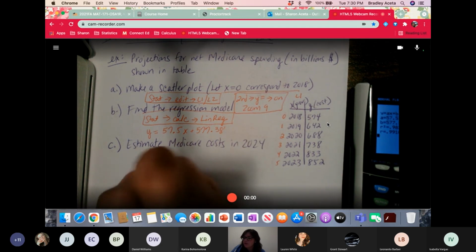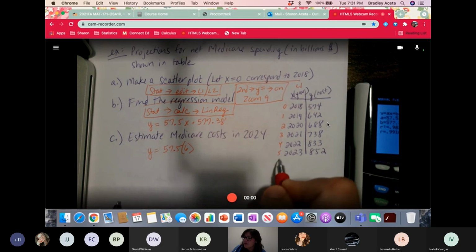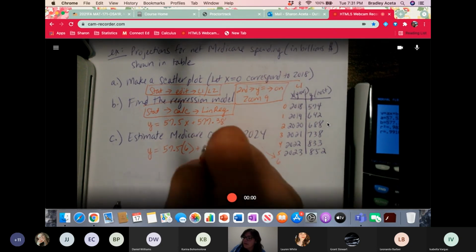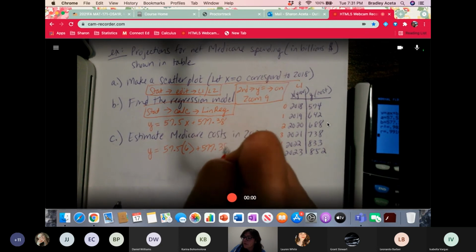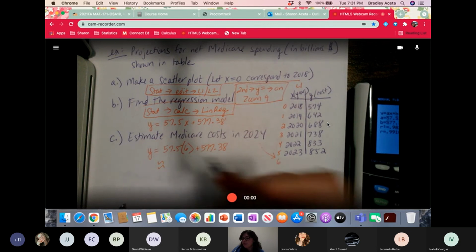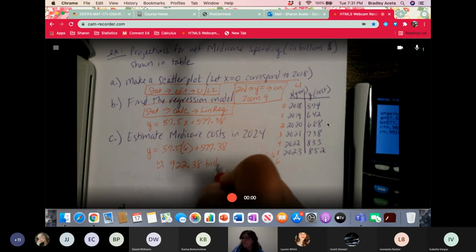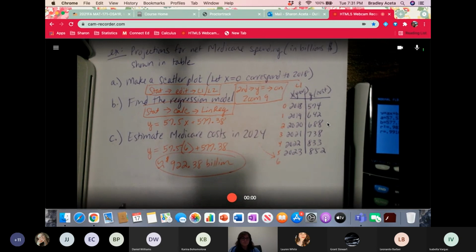So we would actually use this regression model and do 57.5 times x being 6, because that would be what year 2024 is, and add 577.382. And you would get roughly, so in the year 2024, I would have roughly $922.38 billion.